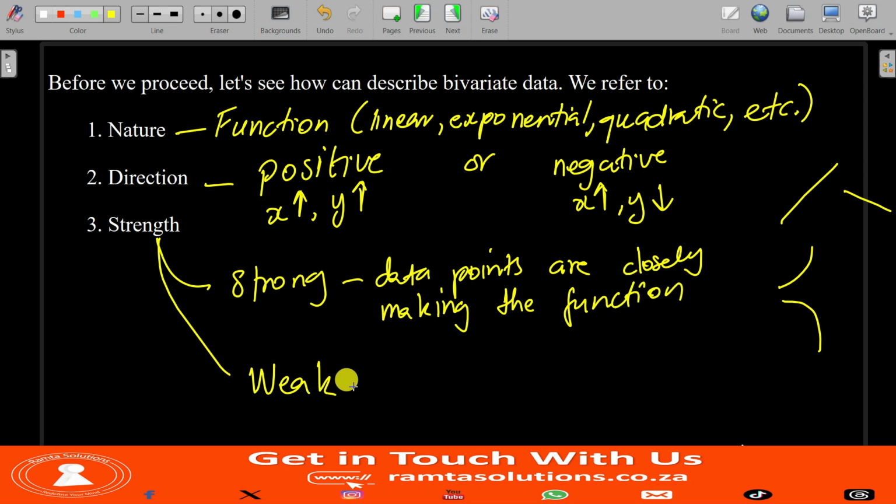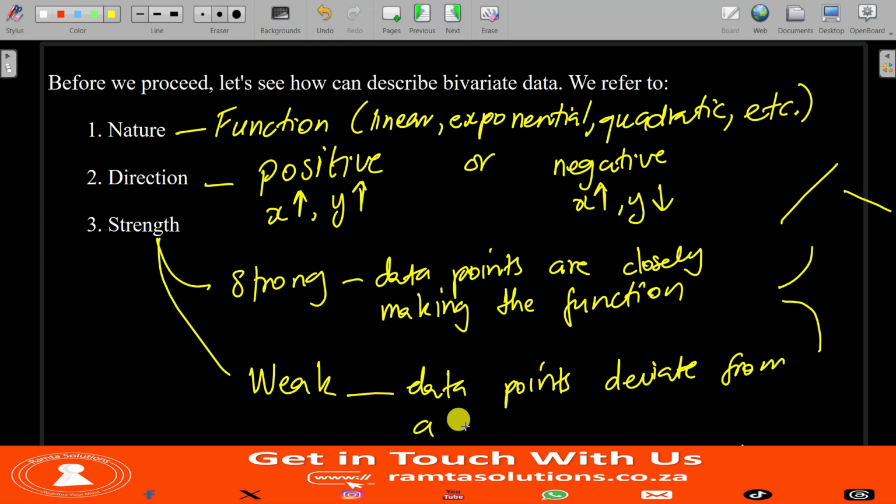And then when they are weak, this is when data points deviate from a function. So here, guys, when it is strong, it is closely making the function, to a point that it's perfectly making the function.